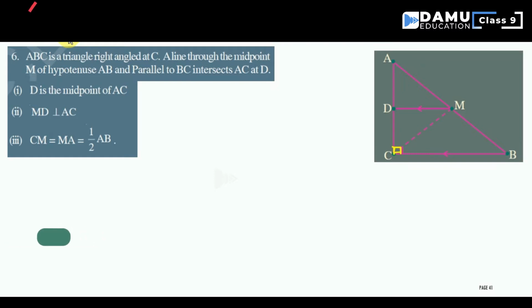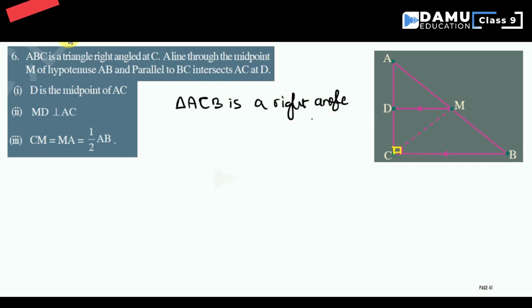So let's write what the given conditions are. Triangle ACB is a right angle triangle. The next condition: angle C is equal to 90 degrees. A line through the midpoint M of hypotenuse AB.